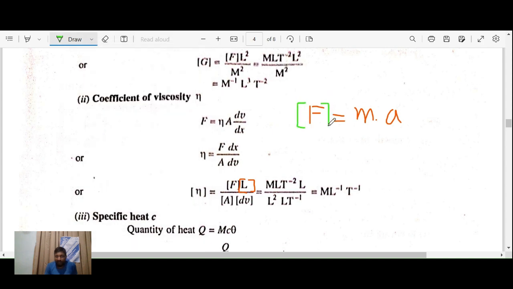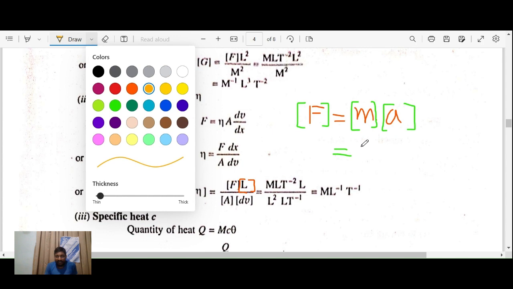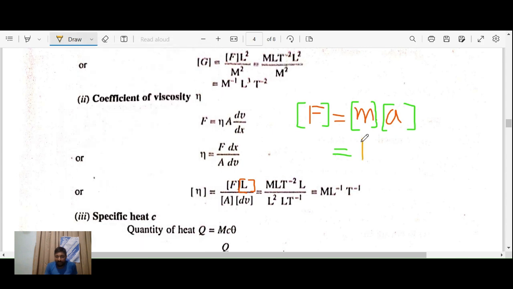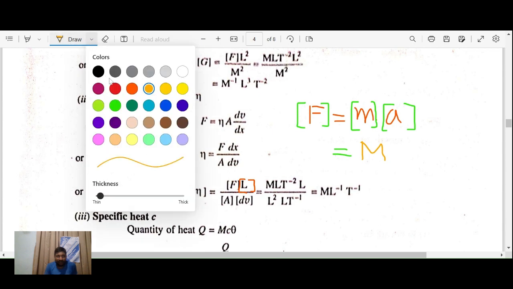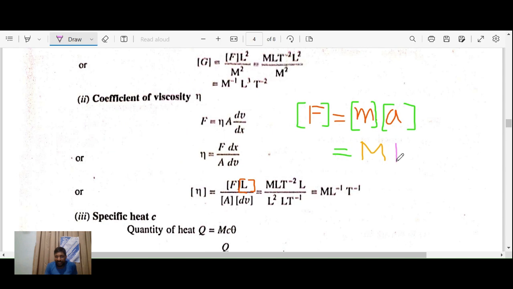Dimension of F, dimension of force can be written as dimension of M, right? One more square bracket separately being used over here. Force equals dimension of mass, directly you can write this as capital M. Then dimension of acceleration, I will write in another color, L t to the power minus 2.